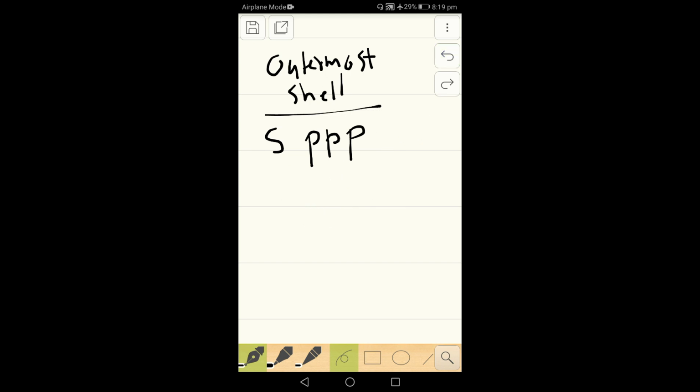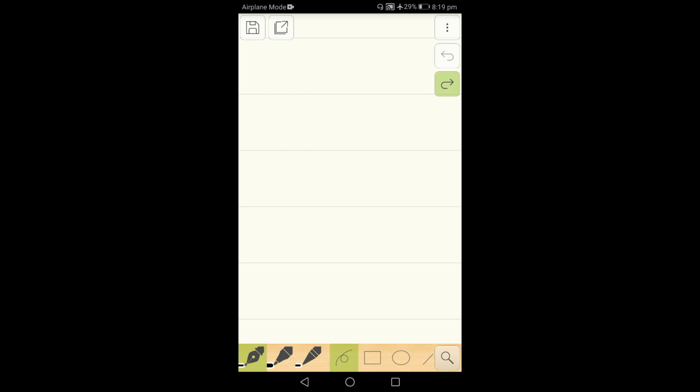Now the thing is, how many new orbitals will form? For example, if 1 s and 1 p mix, we call it sp hybridization.